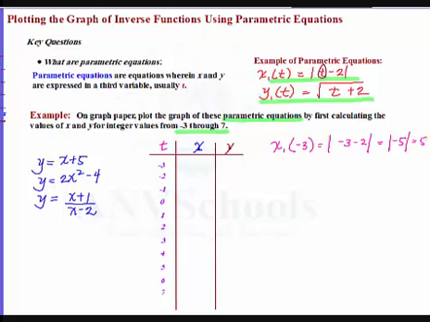Because remember, absolute values are always positive, even though the input or the inside value is negative. The output is always positive. And that's one property of an absolute value. So let's put 5 here on the x column.